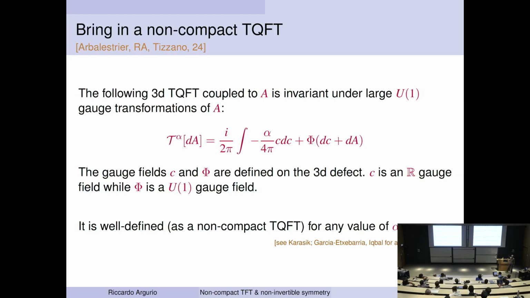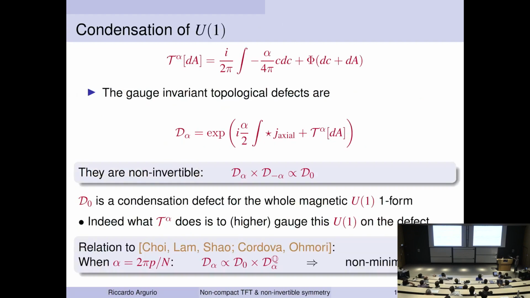It's gauging. Okay? And so what we say is that this is well defined for any value of alpha. What I meant is that then I can dress the topological defects by this topological field theory and define these defects for any alpha.